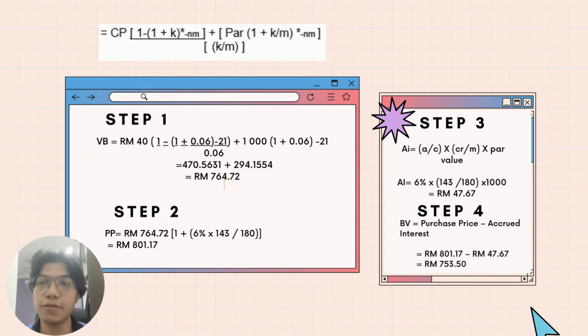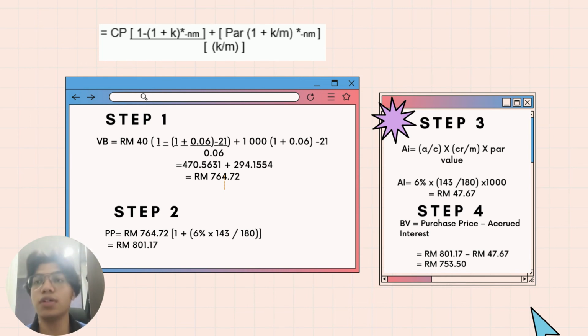After that, we go to step 3. We'll find the accrued interest. The accrued interest formula is A divided by C times coupon rate divided by M times par value, which is 6% times 143 over 180 times 1000, we'll get RM47.67.